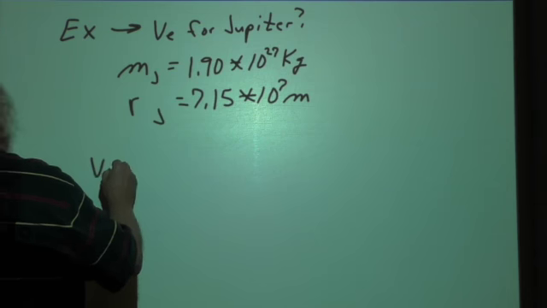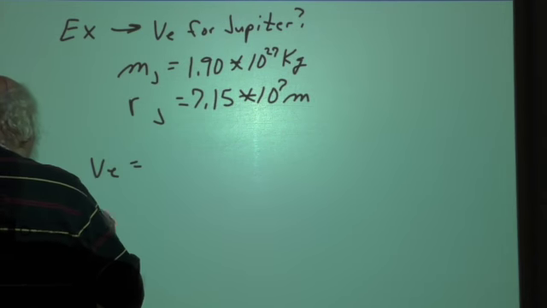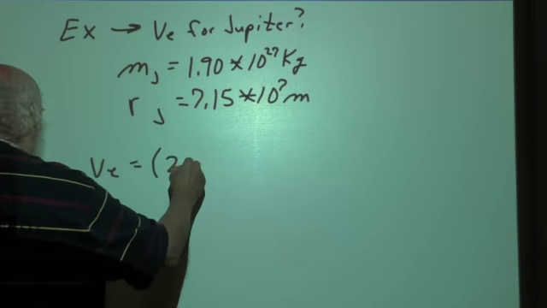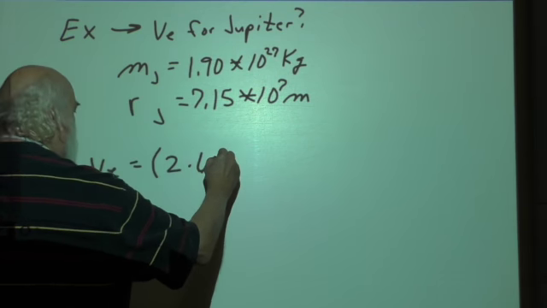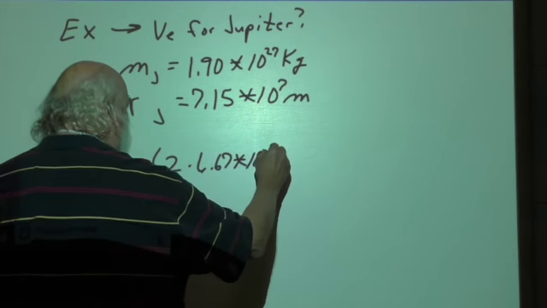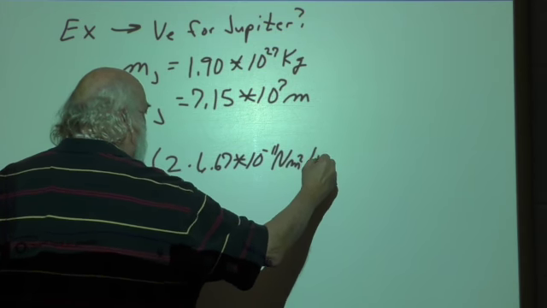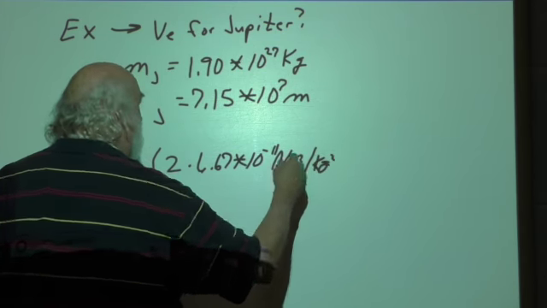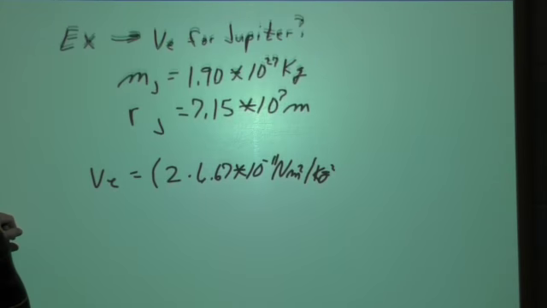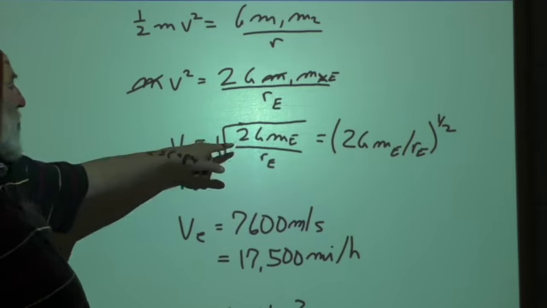The escape velocity then is going to be 2 times 6.67 times 10 to the negative 11th newton meter squared per kilogram squared. That's our capital G value that we have right there.